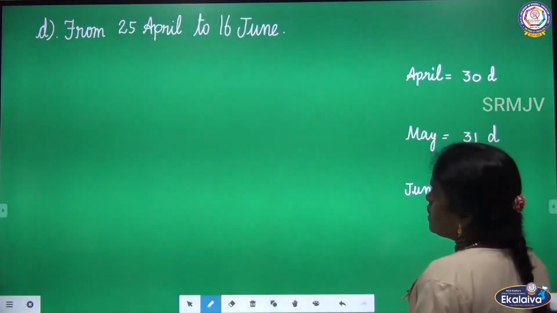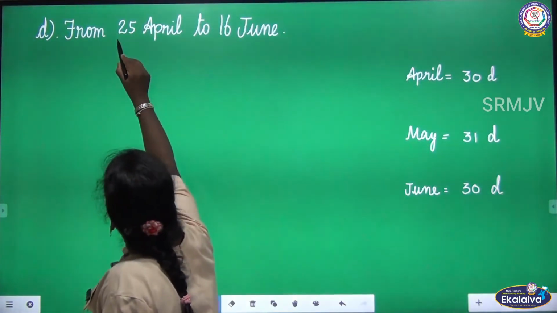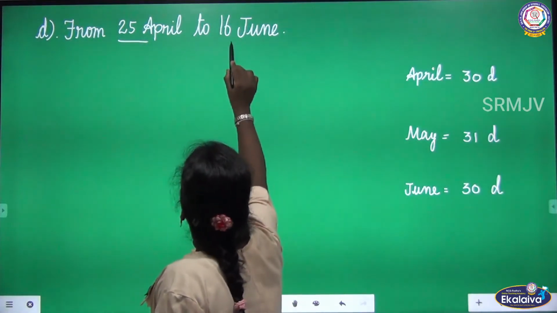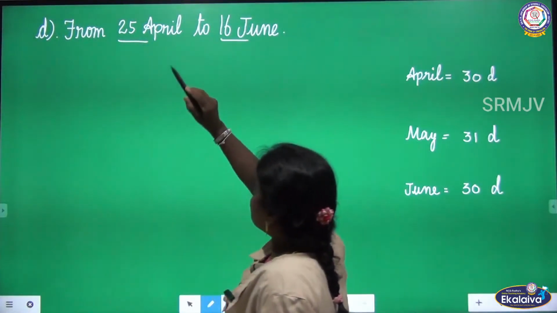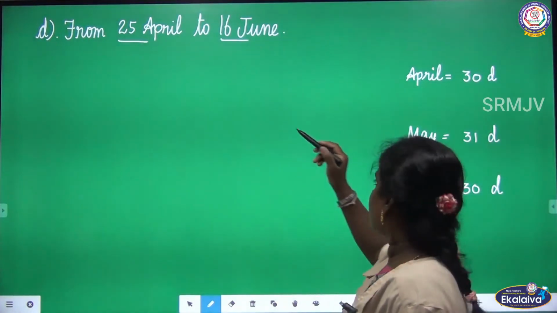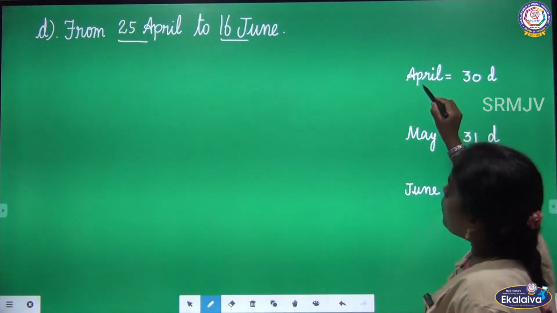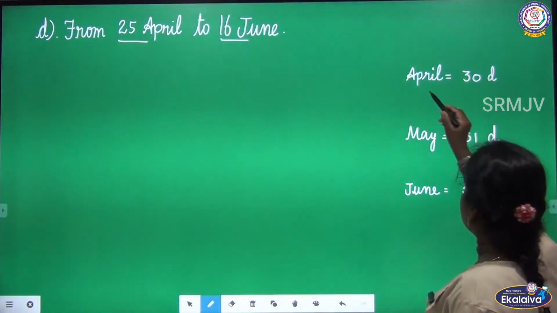Look at the next question. We are going to find out from 25th April to 16th June. So April to June, there is another month in between, that is May. Let us know how many days are there in these 3 months.